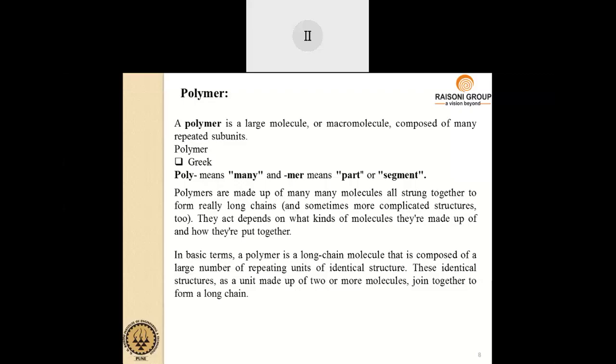Suppose we have two small molecules having identical structure and we join them, and again we join another molecule, and again another, and this process continues for some time, and gradually a long chain is formed when these molecules join together, obviously with the help of different polymer processing techniques. So in this way we can make different polymers.